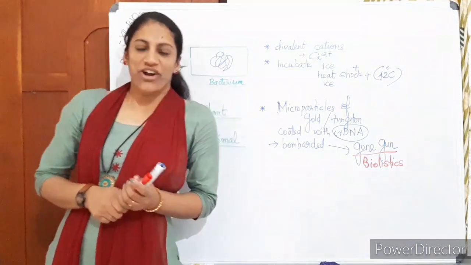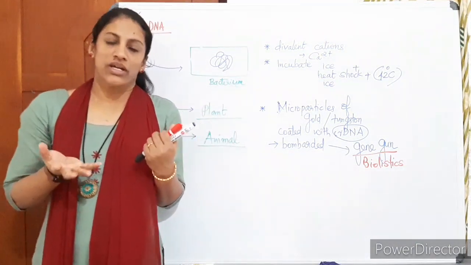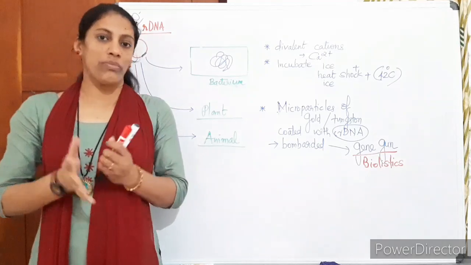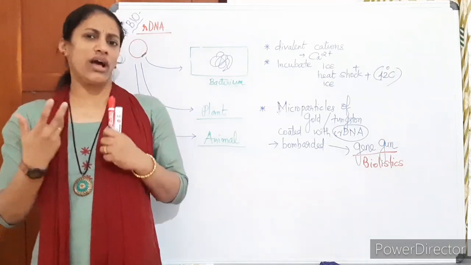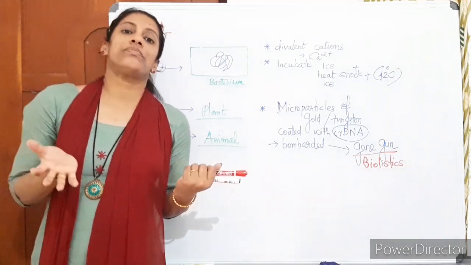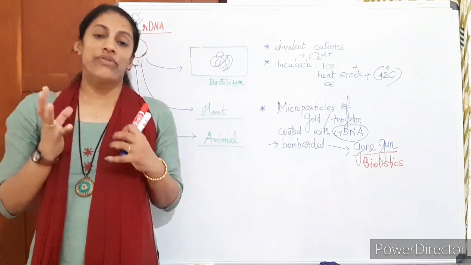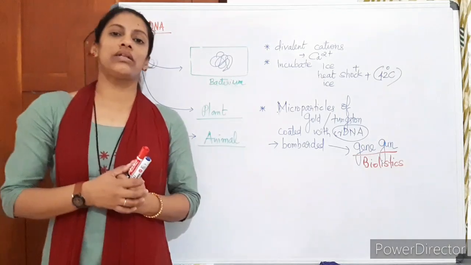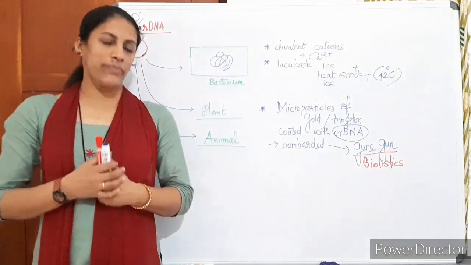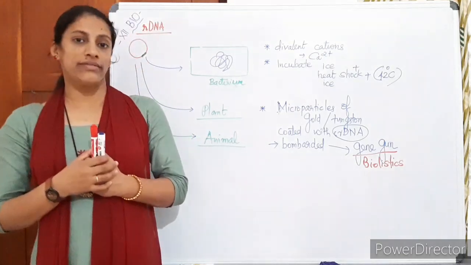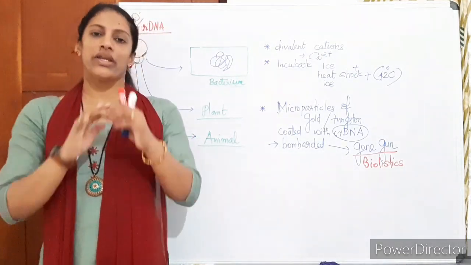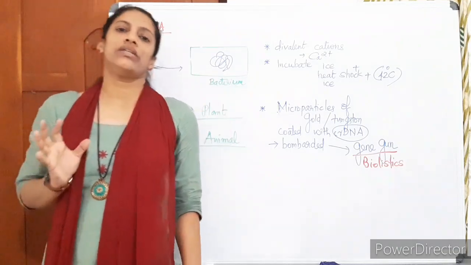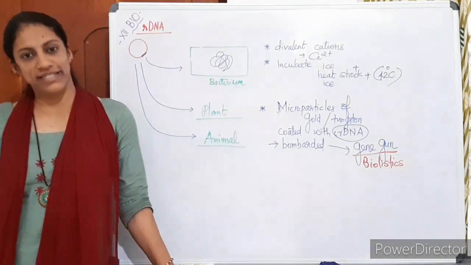Once again, in order to deliver the gene of interest, as recombinant DNA, it is bombarded with the help of high velocity microparticles of gold or tungsten, and using the device gene gun, it is shot into the plant cells.